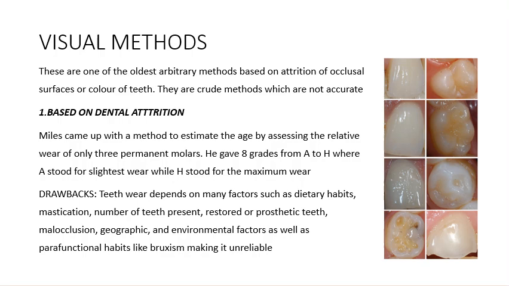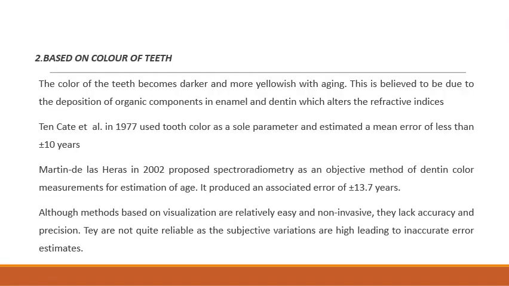The drawbacks include that teeth wear depends on many factors such as dietary habits, mastication, number of teeth present, restored or prosthetic teeth, malocclusion, and parafunctional habits such as bruxism, making it highly unreliable.